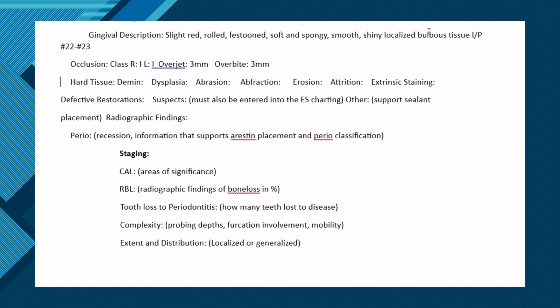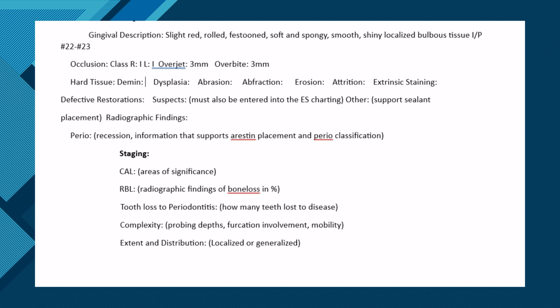For the hard tissue, we want specific teeth. However, please take note that if the patient has 30% or more in their mouth of what we're looking at, we can generalize it. So for, say, demineralization, I'm looking in the mouth, and there's 30% of the teeth that have demineralization.